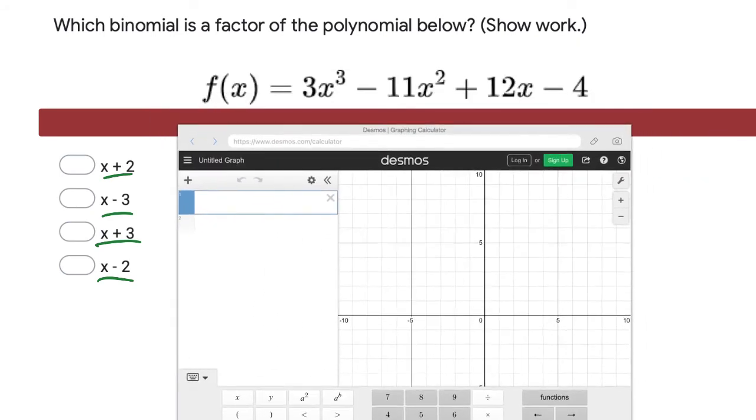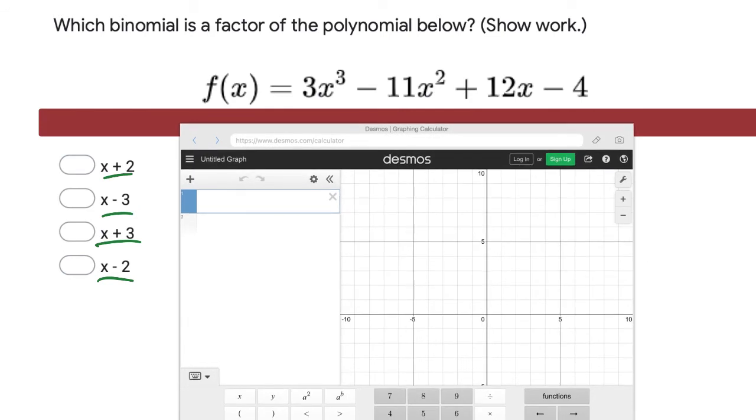And I'm just going to graph this function really quick. Because remember, if I graph it, I can find zeros. If I can find zeros, I can find factors.